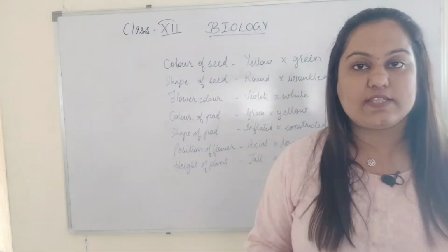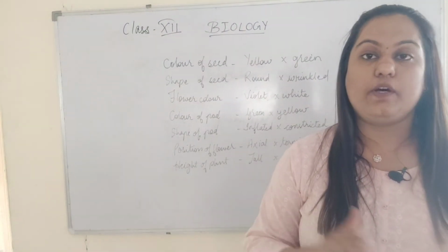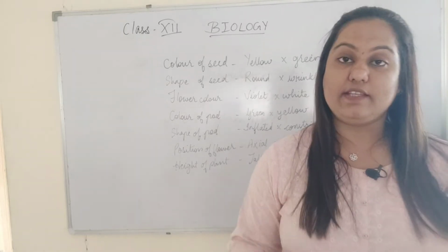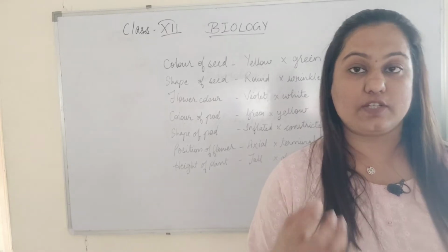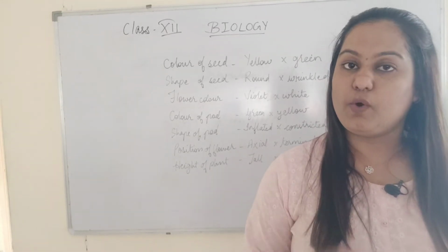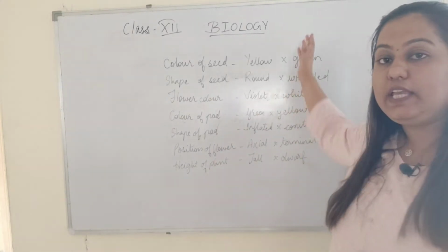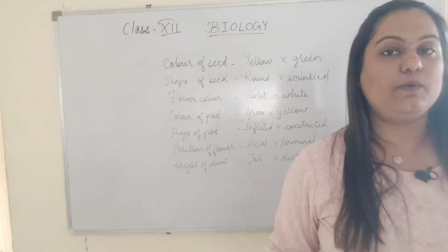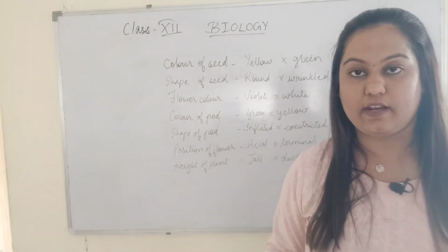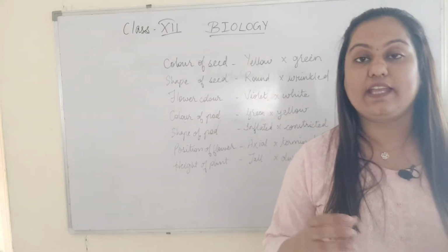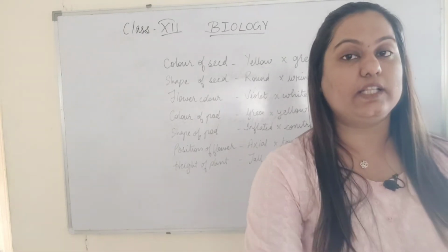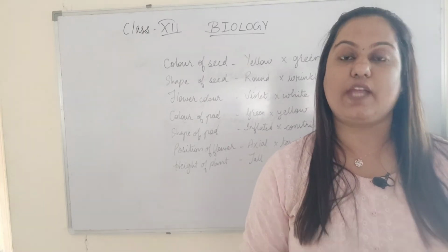So in all the 7 characters, there were contrasting pairs, and this made it very easy for Mendel to carry out hybridization experiments. One more thing here was, in each pair, one character was dominant over the other character. Now what is the meaning of dominant? Dominant means a character which suppresses the other character when they both are present together.